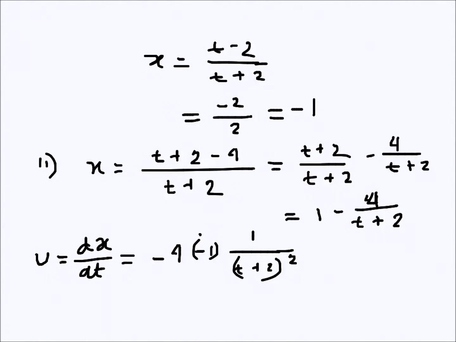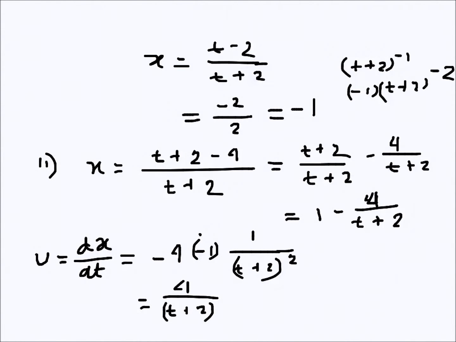The reason is t plus 2 to the power negative 1, so it's becoming negative 1, t plus 2 to the power negative 2, and that negative 1, so it's becoming 4 over (t plus 2) squared. This is the expression for velocity. And if we want to find the expression for acceleration, that's the differentiation of velocity with time.